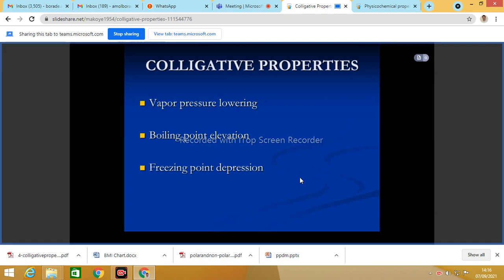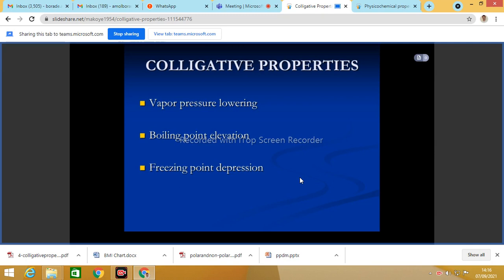Means what we have noticed? We have noticed that the boiling point of the solvent got raised by some degrees due to something which we have added in that solvent.